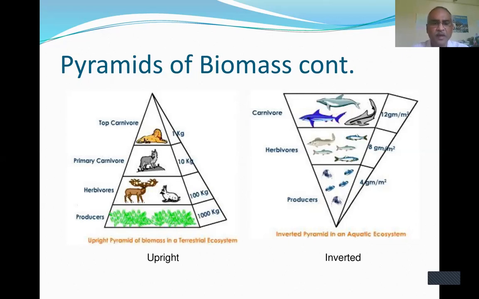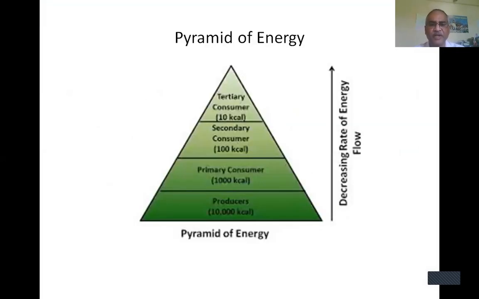So this is about the biomass pyramid, upright as well as inverted. Now coming to the third one, we have pyramid of energy. So producers produce heavy amount of energy. That's something like 10,000 kilocalories, and then by the time it reaches the primary consumer, it becomes 1,000 kilocalories, and remaining amount is consumed for metabolic processes.